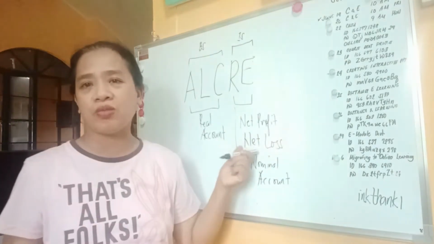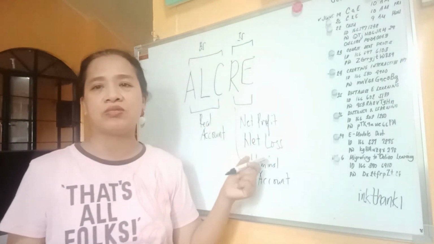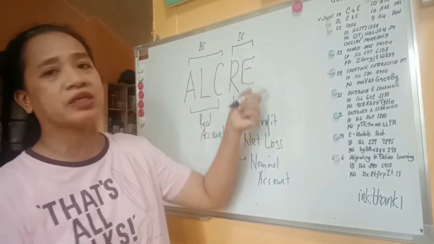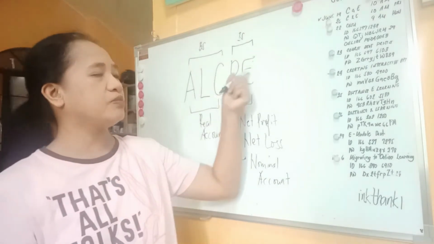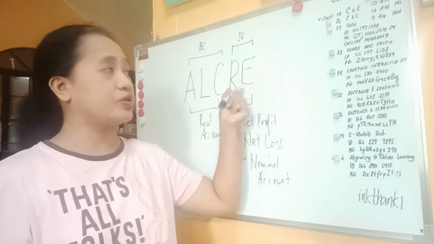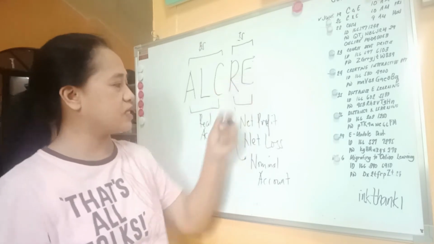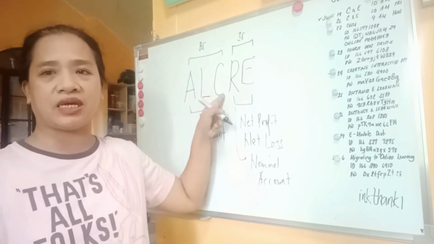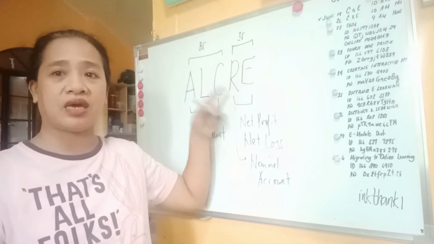So why is it nominal? From the word nomo. So it means to say that at the end of the year, it will bring back into zero account because any result of the revenue or sales minus expenses will be added back or deducted to capital. Okay?